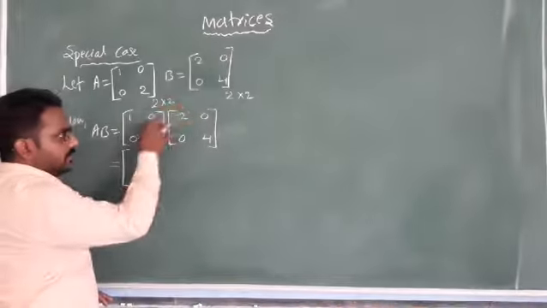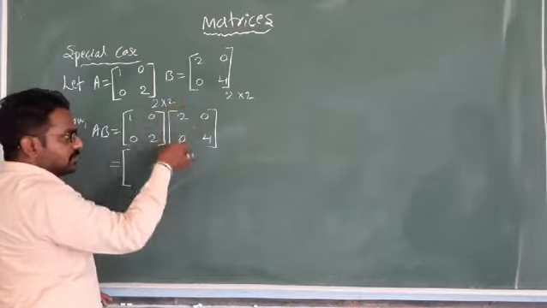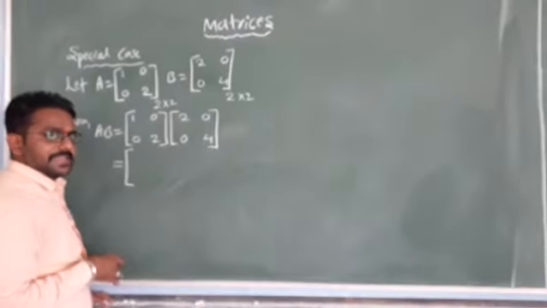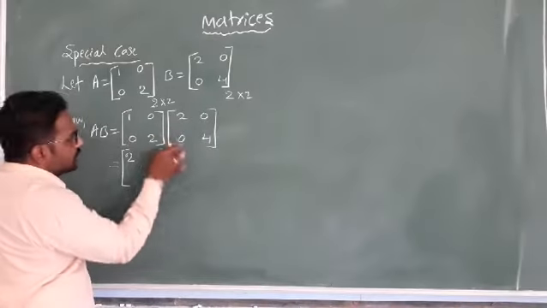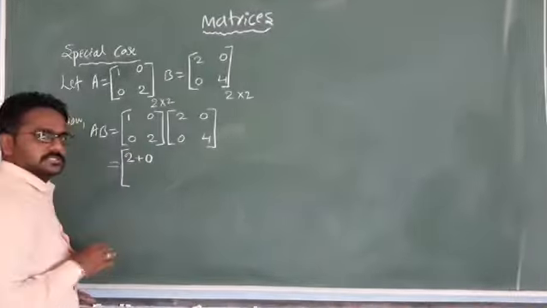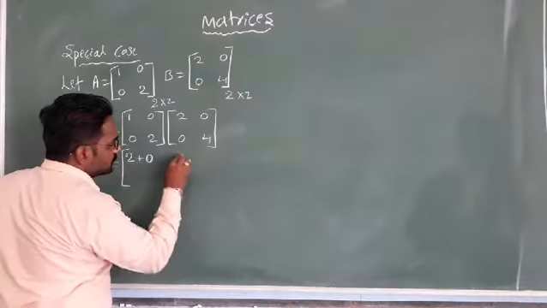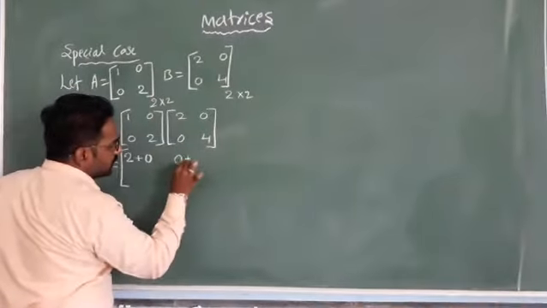The first row elements multiply each element of the first column and we take the sum. 1 into 2, 2, 0 into 0 plus 0, 1 into 0, 0 plus 0 into 4, 0 again.